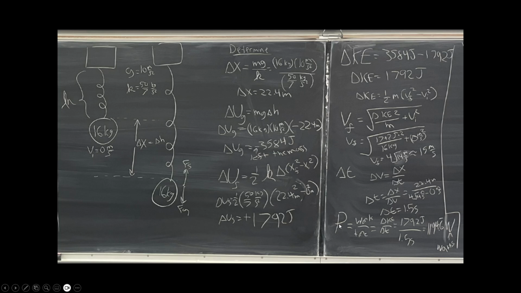So we can set power equal to the change in kinetic energy, delta KE over delta t, which would be 1,792 joules over 1.5 seconds, which gets us to 1,194.66 repeating watts, capital W for watts, which is the same thing as a joule per second.